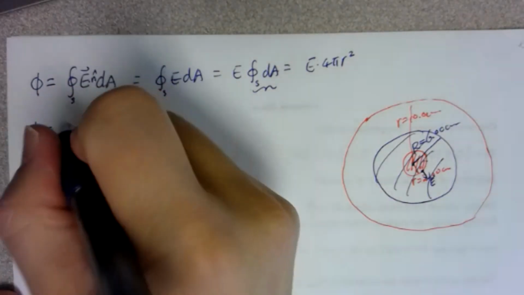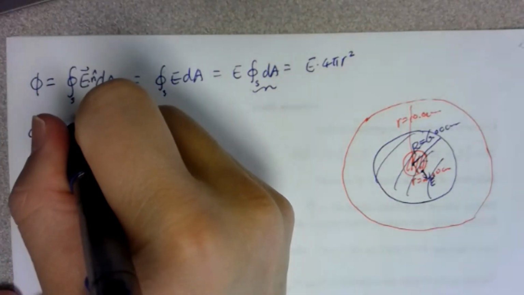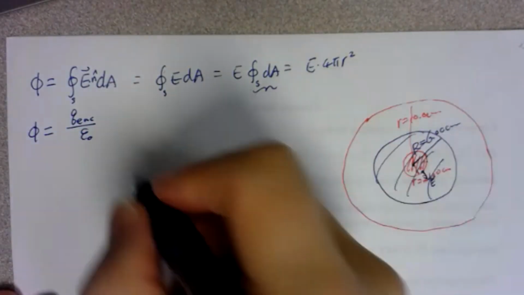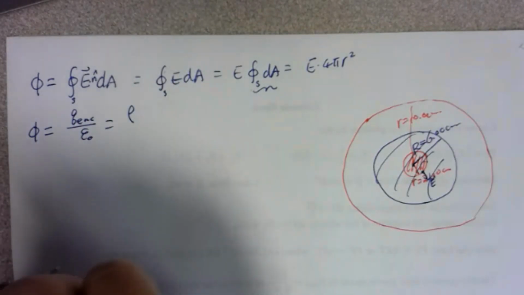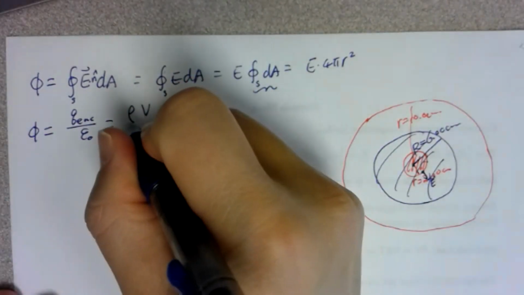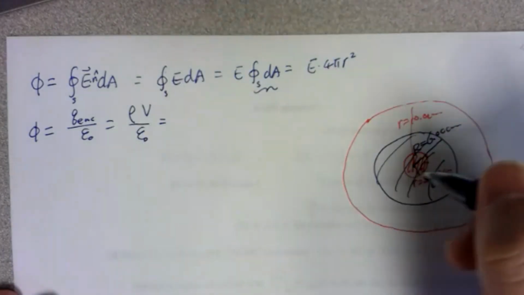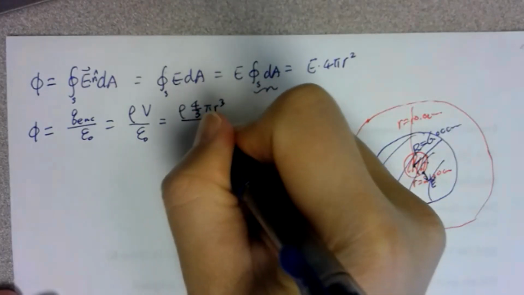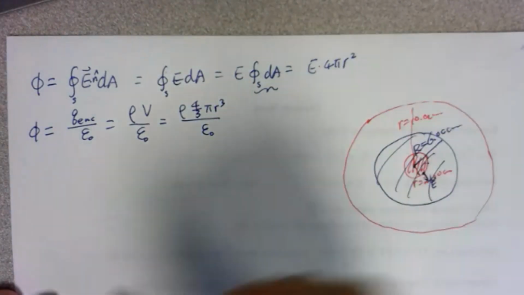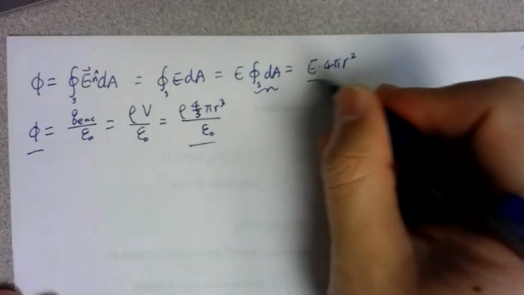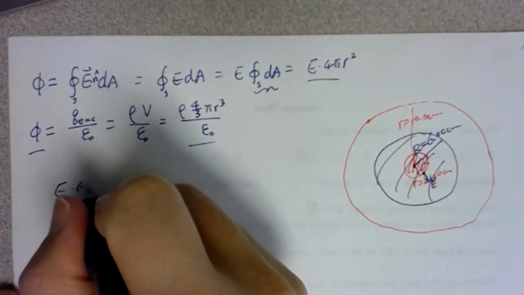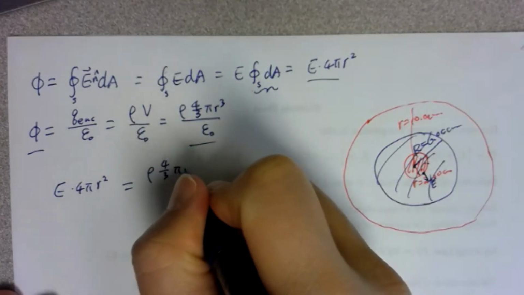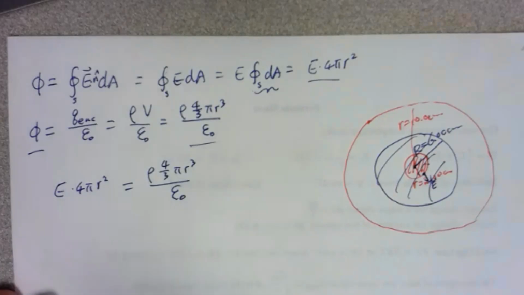Also, Gauss's law says flux is equal to Q enclosed divided by epsilon naught. The Q enclosed here is equal to the charge density times its volume, over epsilon naught. The volume of a sphere is 4 over 3 pi r cubed, over epsilon naught. So phi is equal to that, and it's also equal to the other expression, so you can set the two equal: E times 4 pi r squared equals rho times 4 over 3 pi r cubed over epsilon naught.